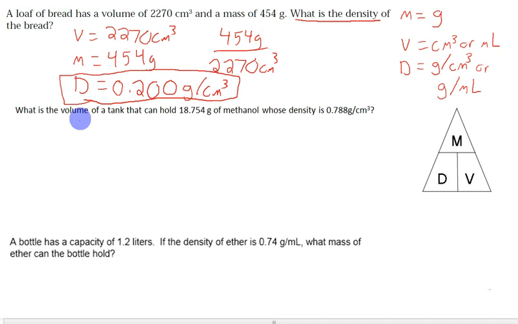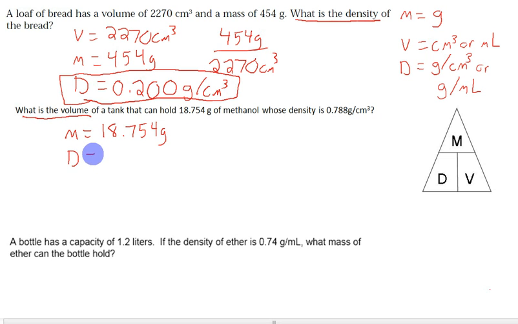In the second problem, it's asking what is the volume. So we know that that's what we need to solve for. We know already that in this problem we will be covering the V in the formula triangle and looking for a mass to divide by a density. So the rest of the problem was the volume of a tank that can hold 18.754 grams of methanol. Well, I see grams, so I know that that's my mass, whose density is 0.788 grams per cubic centimeter.